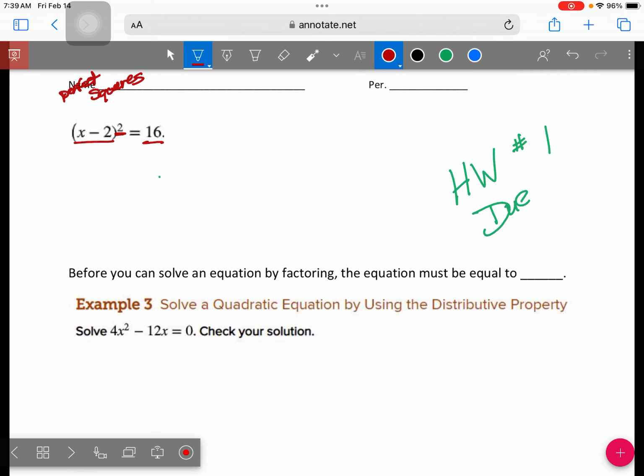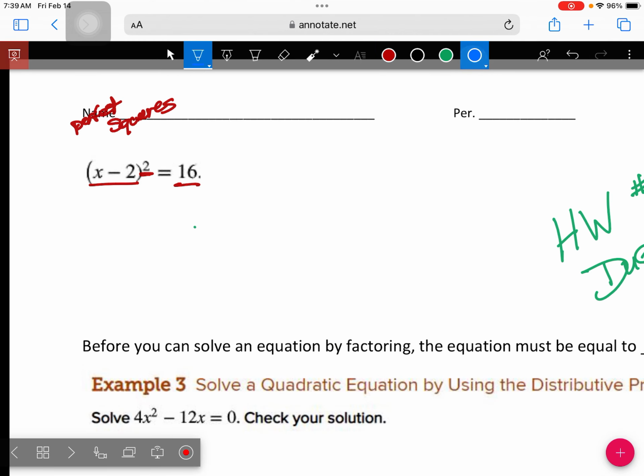Okay? So if you have a perfect square and you take the square root of it, you make the little square root symbol, which has a little V there and a little V there. All right? When you take the square root of something that is squared, what you have left is simply the base that's on the inside.